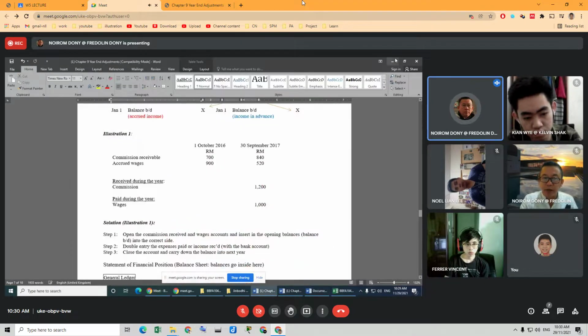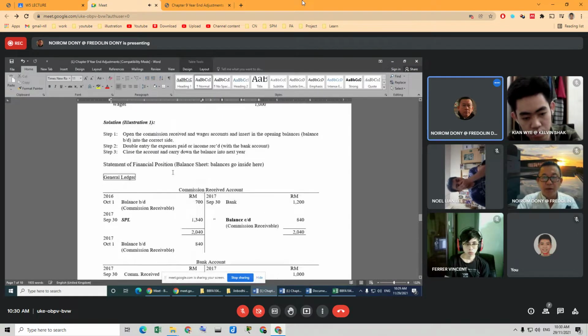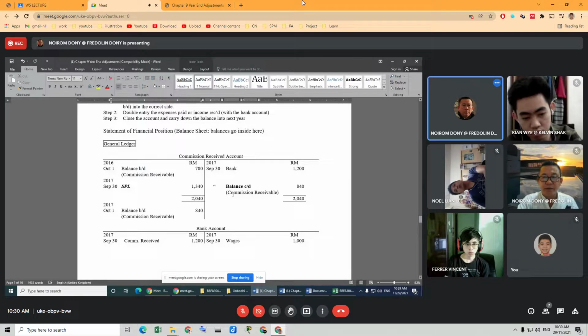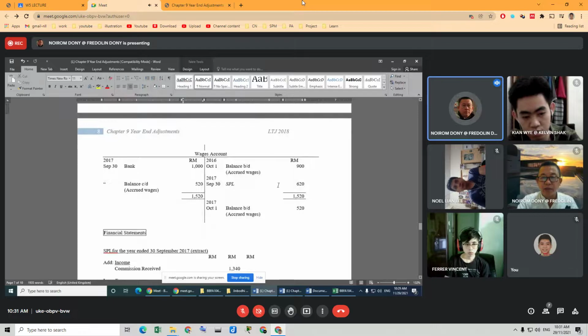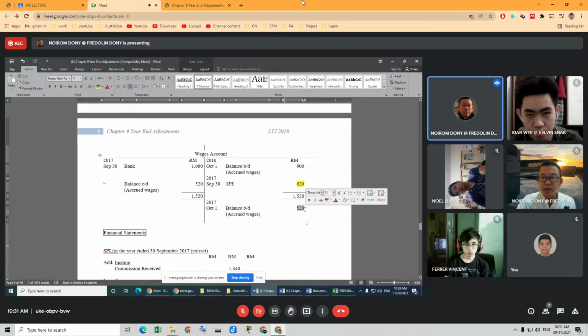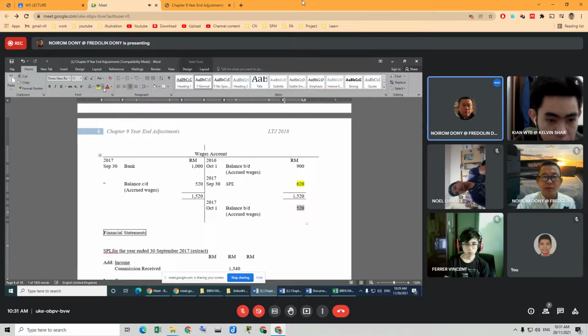Okay, so that is why we have it like this. This amount, commission received, and for wages, 620, is to be posted to SPL. We close off and post to SPL. And the closing balance, okay? So this is credit closing balance.